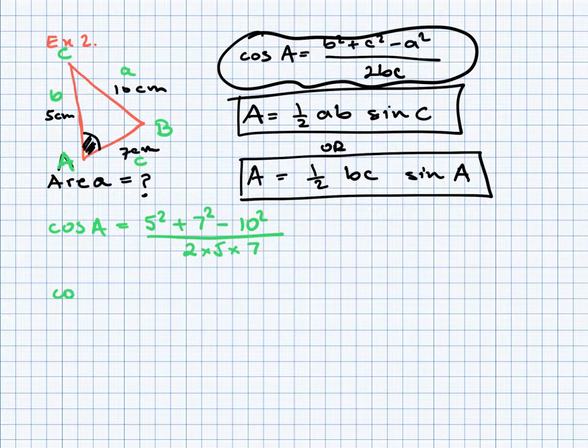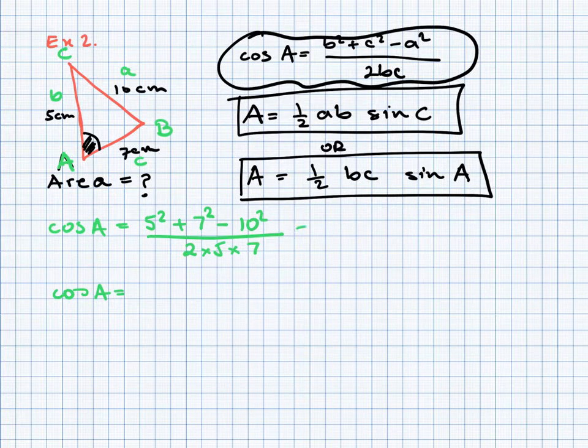From here, cos of A is equal to, we can simplify this: 25 plus 49, take away 100.